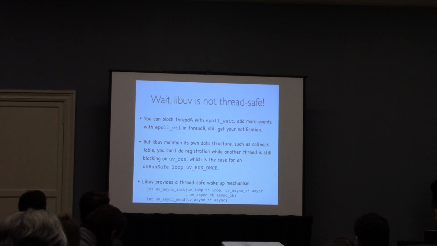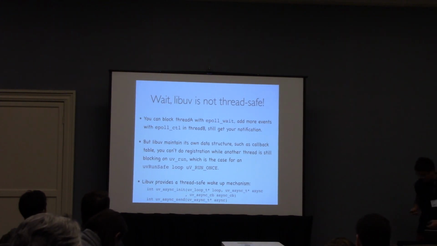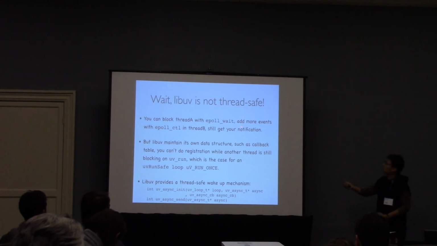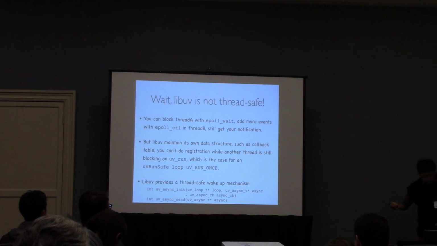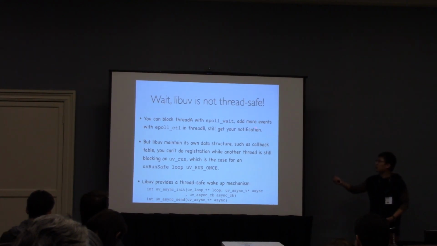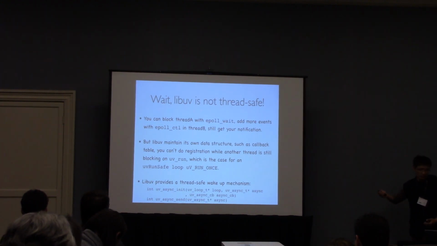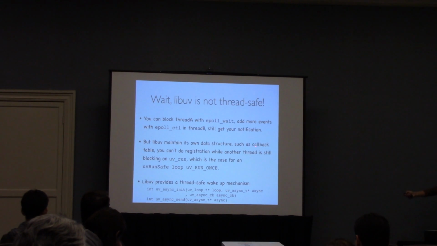Okay, so there's one problem: libuv is not thread safe. How to express this? If you use epoll, it's a multi-thread safe API. You can wait in thread A on epoll_wait, add more events to the same epoll from thread B, and you can still get all notifications.